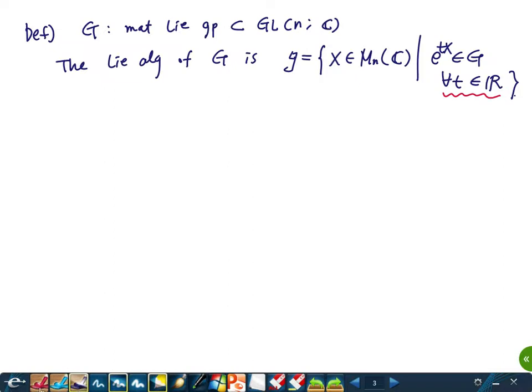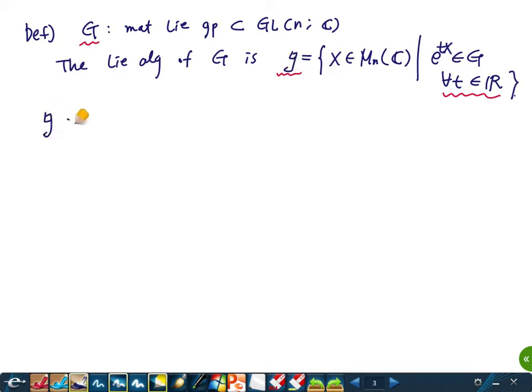So whenever we have a matrix Lie group G, we have a corresponding Lie algebra. Okay. So in this definition, this is just a set, but it turns out that this is a Lie algebra, a real Lie algebra.